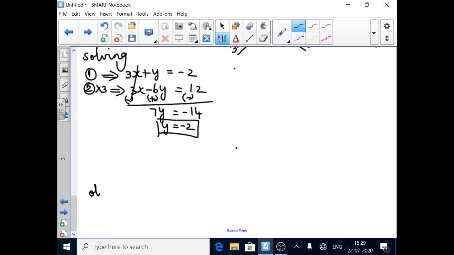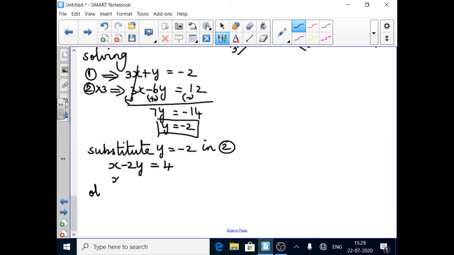Substitute in any one of the equations. Substitute y equal to minus 2 in the second equation. Write the equation again: x minus 2y equal to 4. Substitute y: x minus minus 2 is equal to 4.